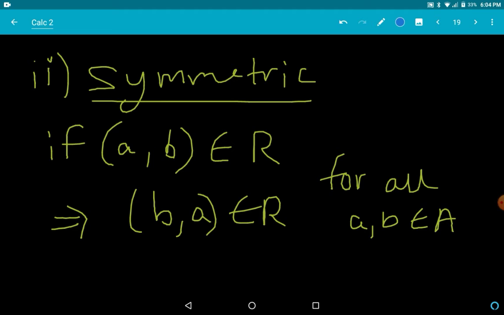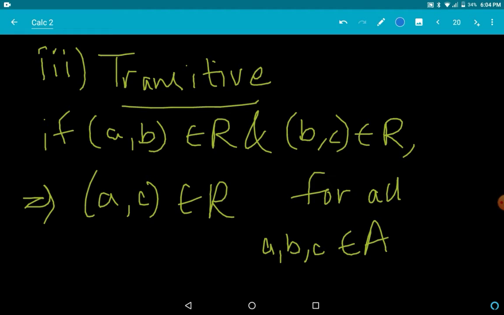Symmetric means that if in any relation we find (a, b), any two elements like (2, 3), and I also find (3, 2), for every a, b, if there is (2, 3) there should be (3, 2), means everything will have its opposite pair, then that relation is called symmetric.